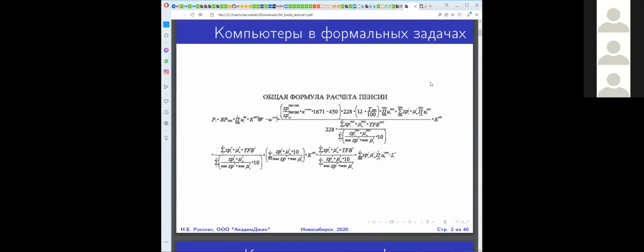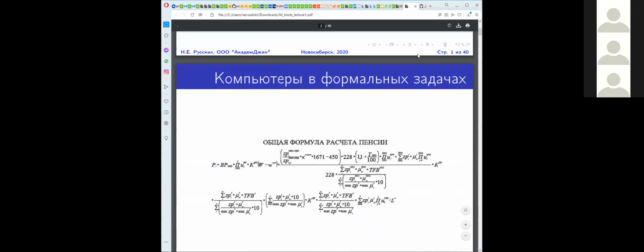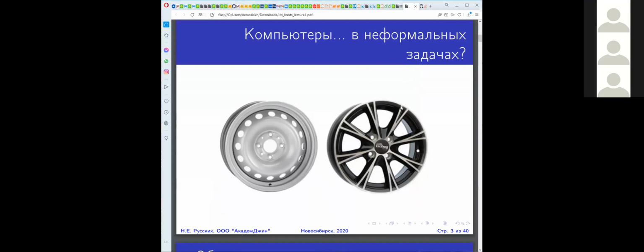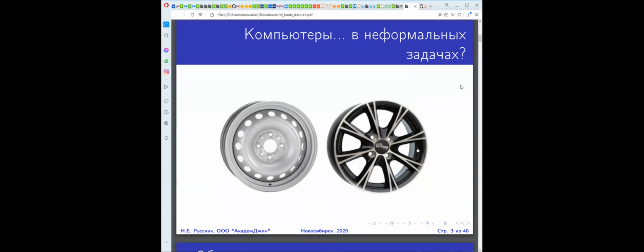But yeah, this is regarded to formal tasks. I mean, by formal, where a formula is available for how to get an output from an input. But what about informal tasks? So these are 2 kinds of automobile wheels. They differ by how they are manufactured. I don't know the precise English names for that.